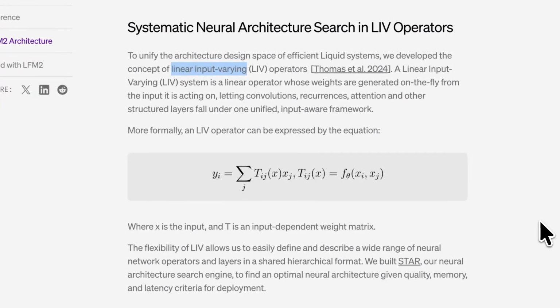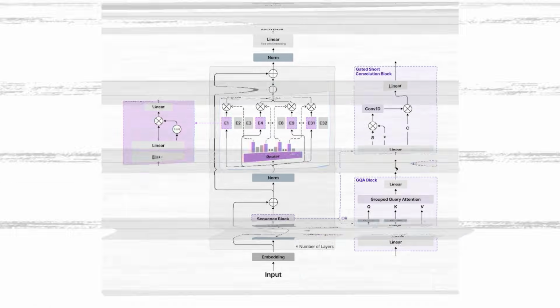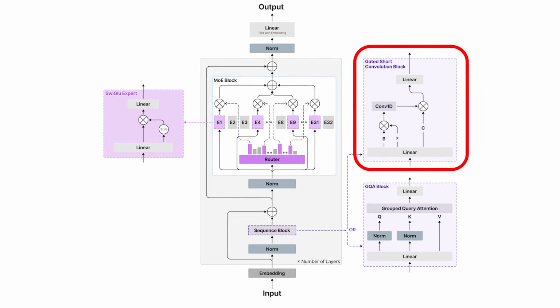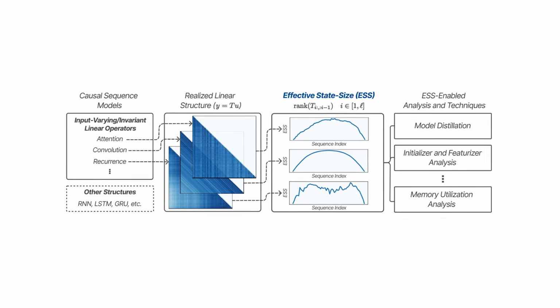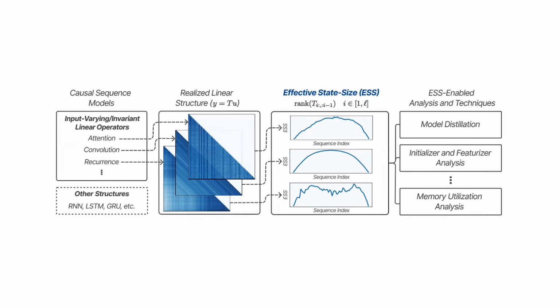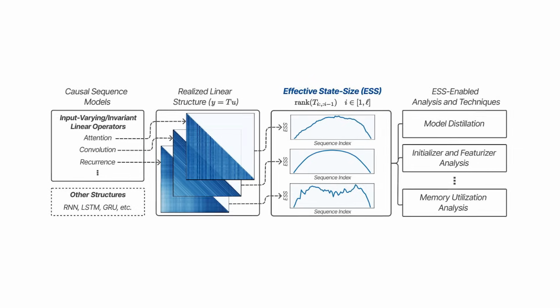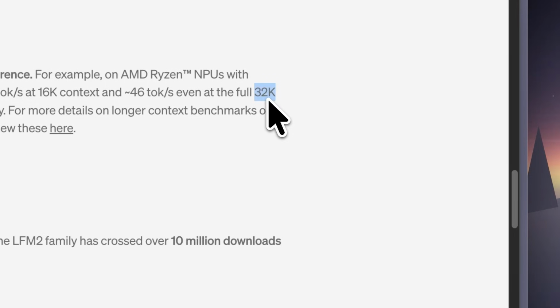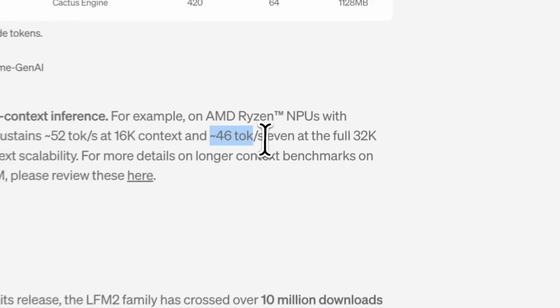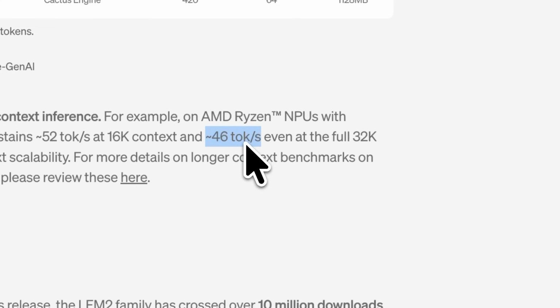While traditional transformers have a memory that grows larger the more you talk to them, Liquid model uses a hybrid system of adaptive convolutional blocks. These blocks basically act like smart filters that process only the most relevant local information, effectively compressing the data as it flows through the model. This allows LFM to maintain its massive 32,000 token context window without the usual exponential slowdown or memory spikes that you see in traditional transformers.